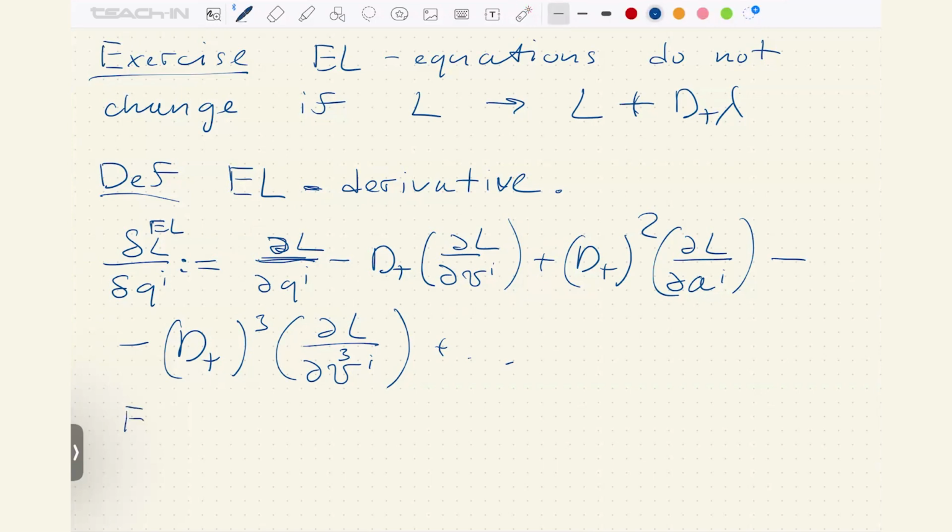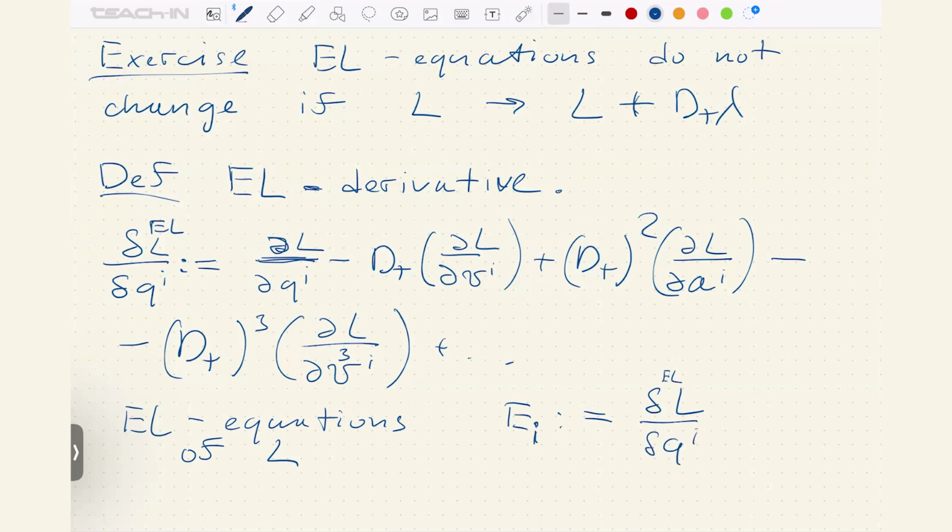And of course the Euler Lagrange equations determined by the Lagrangian L is just this guy, E_i(L), Euler-Lagrange over dq^i. You see what is nice with this object, the Euler-Lagrange derivative, is that it is defined in terms of the jet bundle.